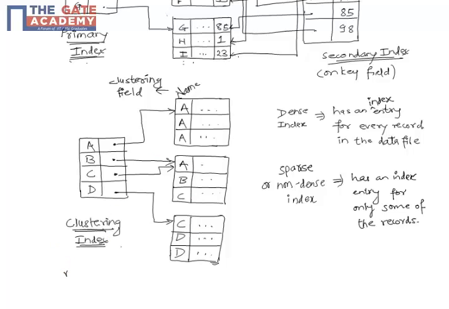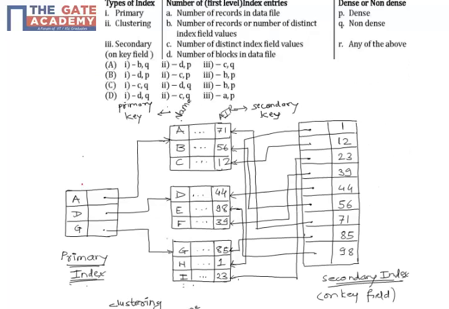Hence, clustering index is non-dense. Similarly, for primary index, the number of entries is lesser than the number of records. Hence, this is also a non-dense index. Whereas, for secondary index, the number of entries in the index file is equal to the number of records. Hence, it is a dense index.